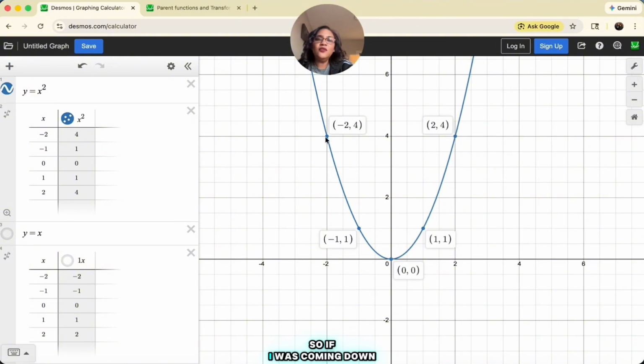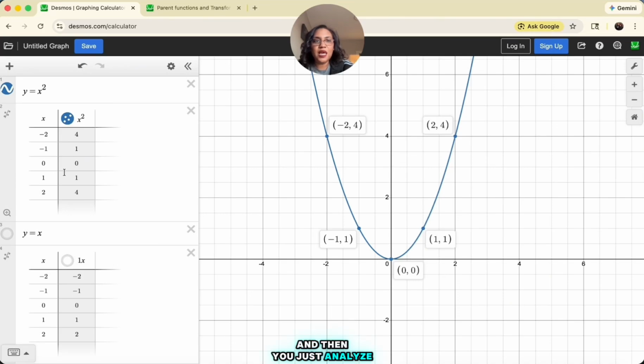Anyway, if I was coming down, I'm going down from left to right. Then when I go on this side, I'm going up from left to right. That is it. So the function is decreasing, and then it gets to 0, 0, and then it starts to increase. If you can describe that, you can do calculus.